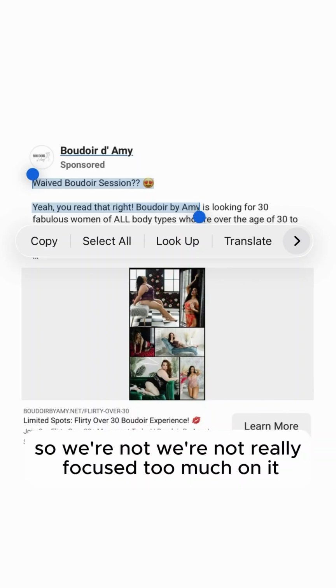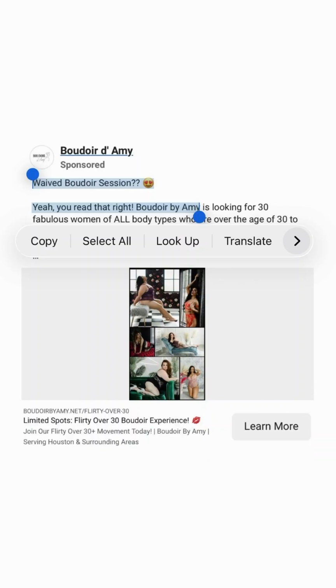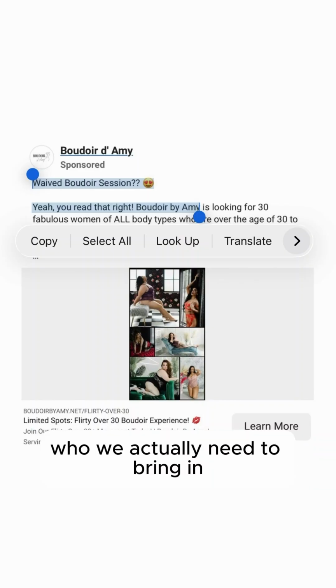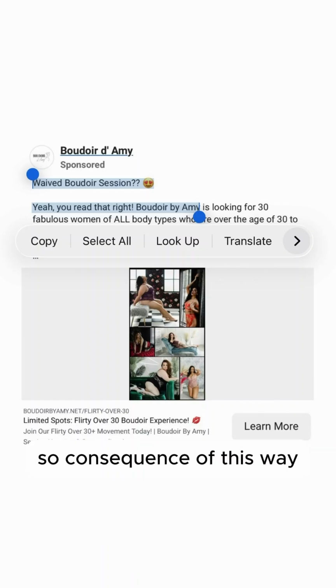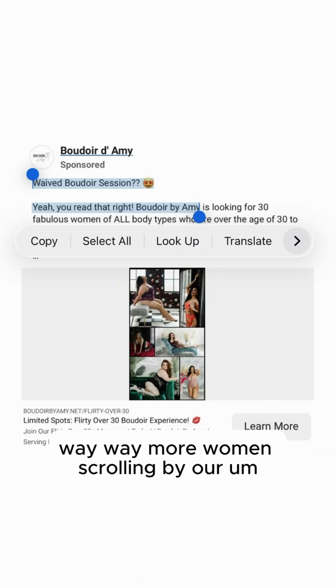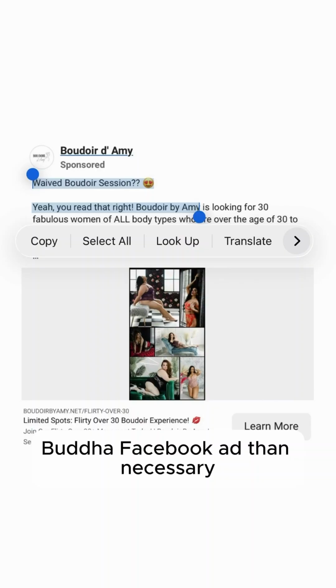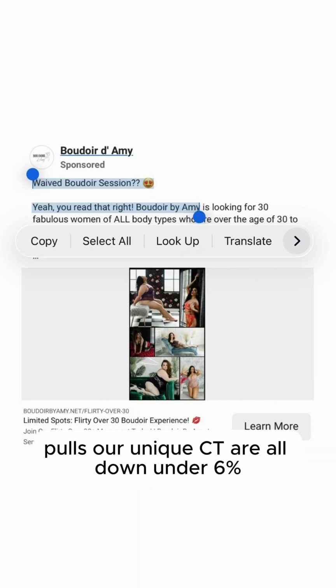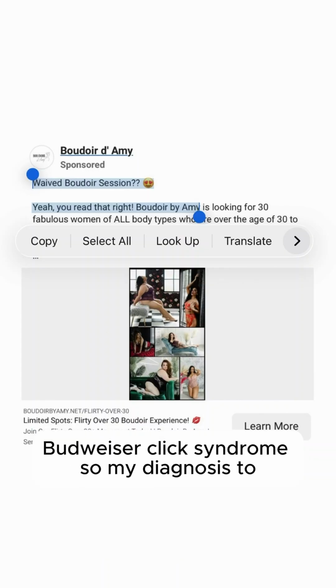So we're not really focused too much on it, and we're lacking context of who we actually need to bring in. So the consequence of this is way more women scrolling by our Boudoir Facebook ad than necessary, and as a result, pulls our unique CTR all down under 6% and contributes to BLCS, Boudoir low click syndrome.